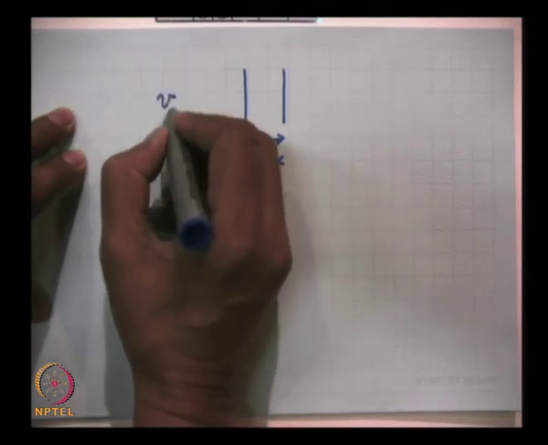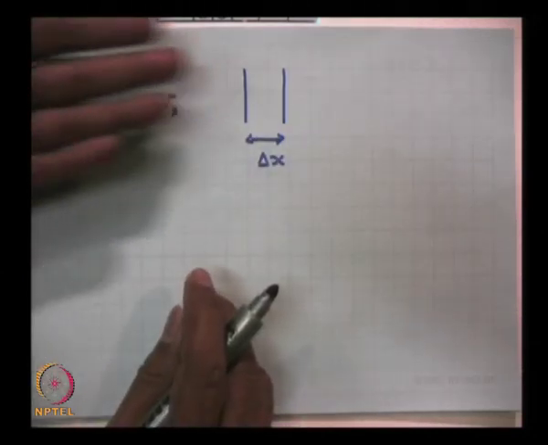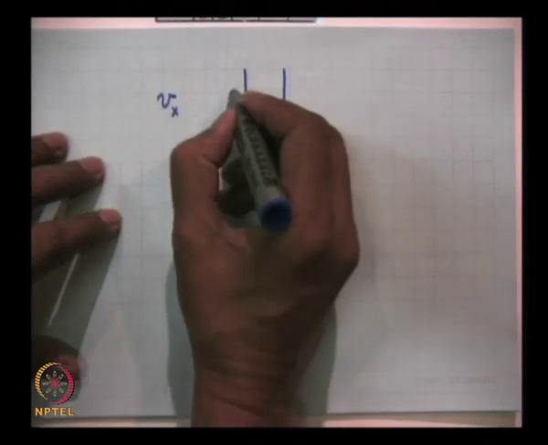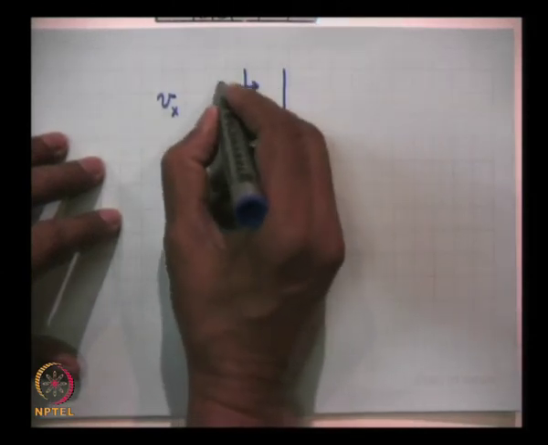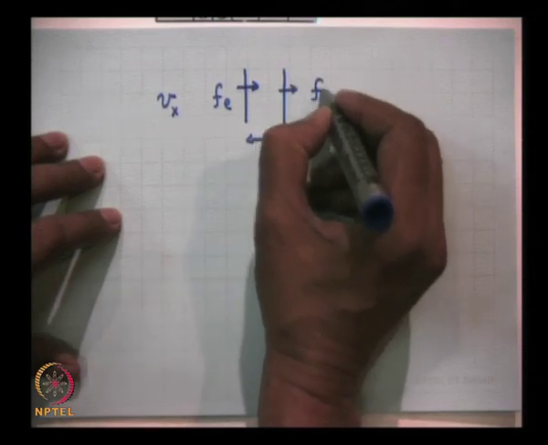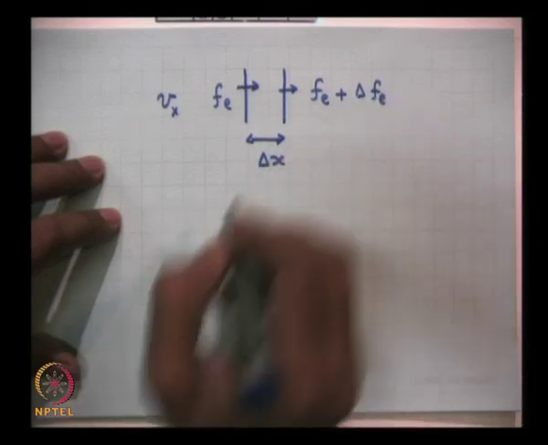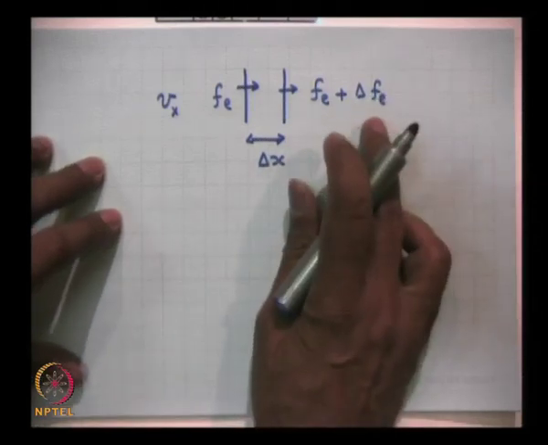So, this is my velocity Vx. If particles are flowing here with a flux Fe, the flux with which they are moving out could be Fe plus change in Fe. Suppose the change in Fe is delta Fe.